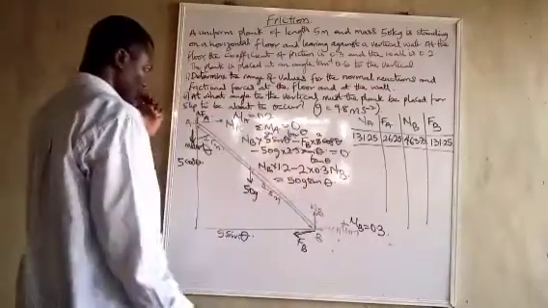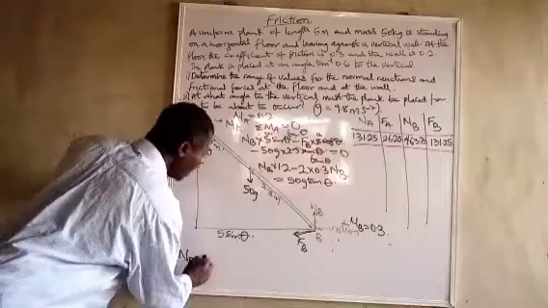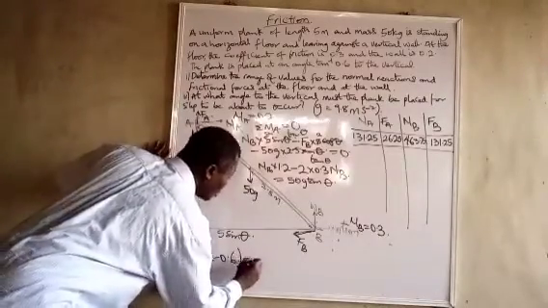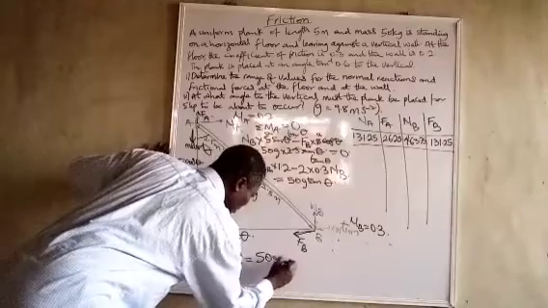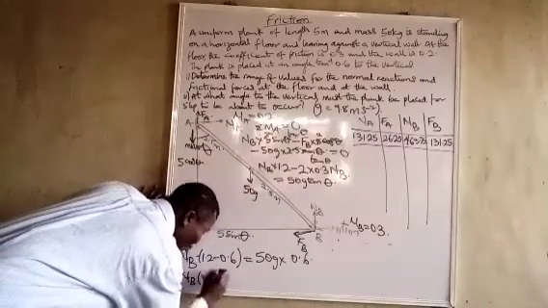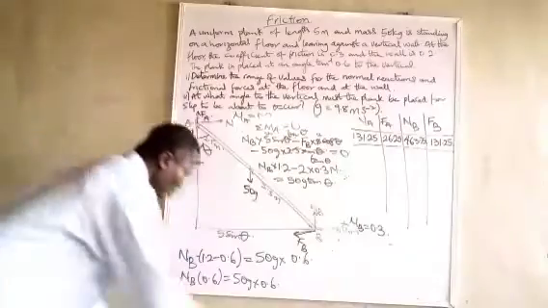So what do we have now? NB into 1.2 minus 0.6 will be equal to 50G times 0.6. So we see that NB into 0.6 is equal to 50G times 0.6. You can see, this one cancels this.